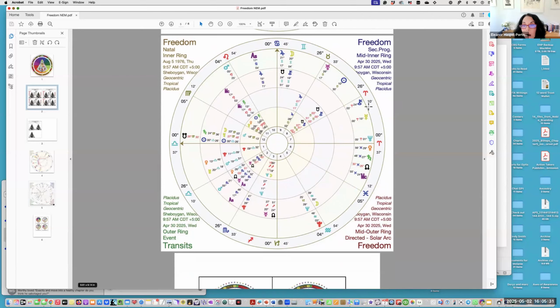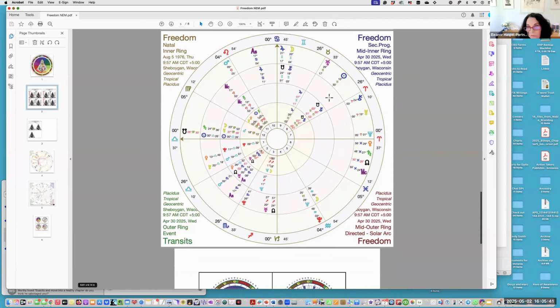When you make sounds like that, it's like, is that foreboding? Is that good? No, it's very powerful that the transiting Uranus is right on your ninth house cusp, which means you're at a point where you're really looking at your values.